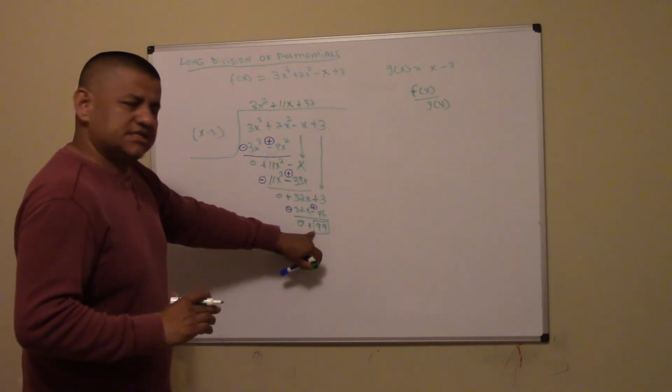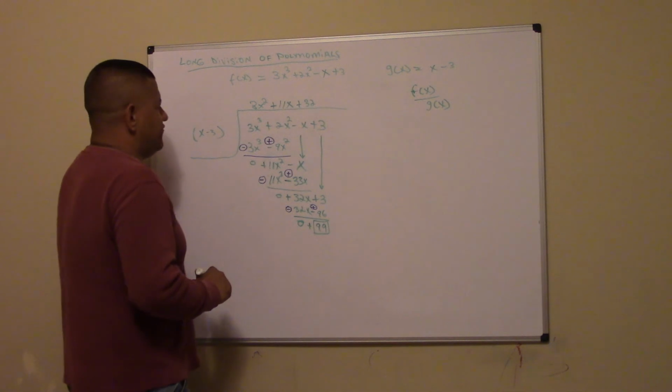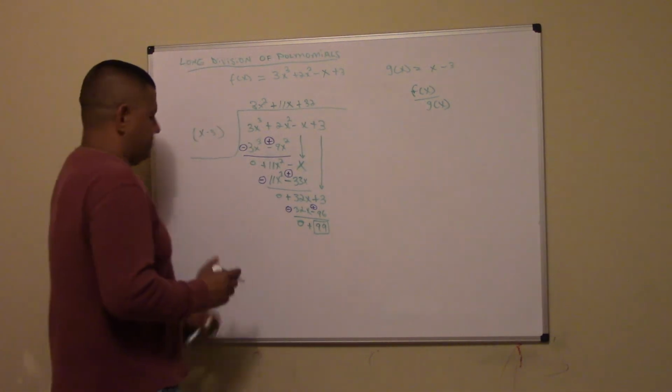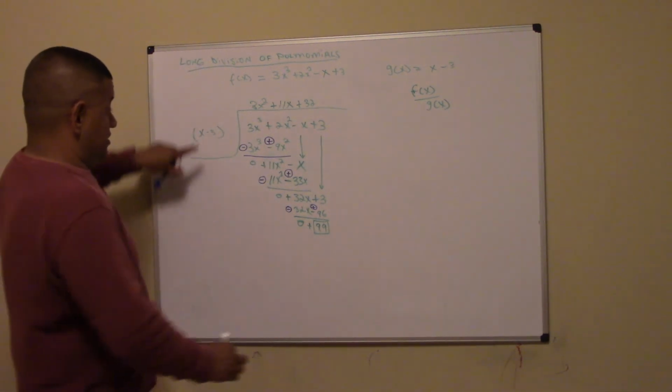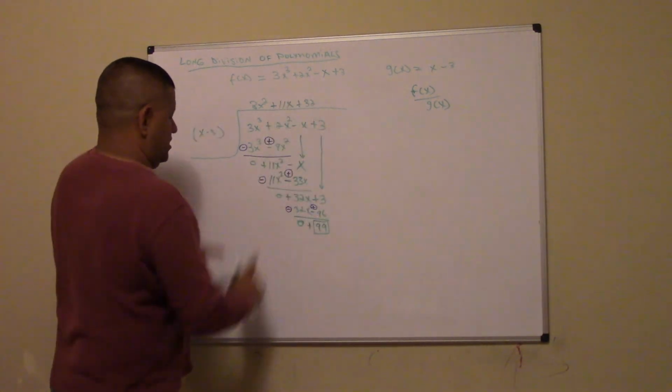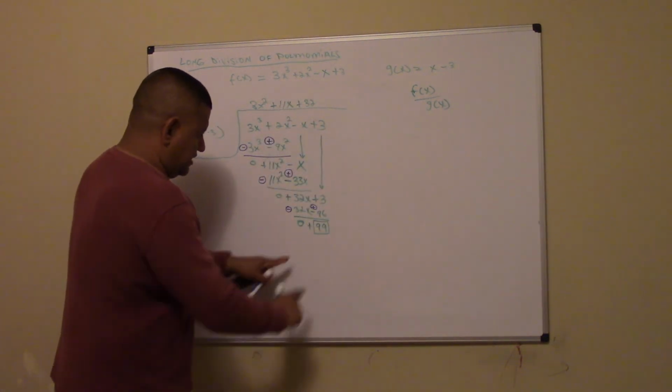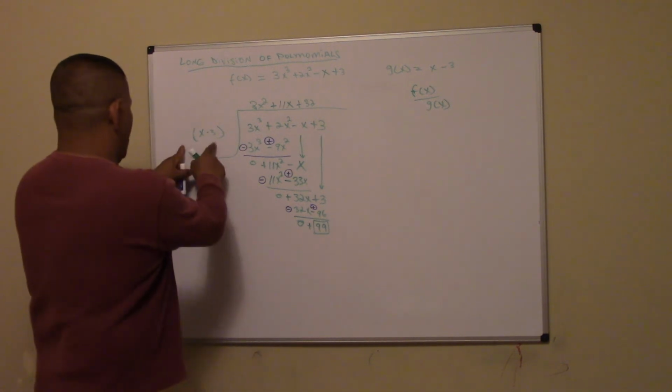The remainder is this constant. So the final answer is going to be this, plus the remainder over this.